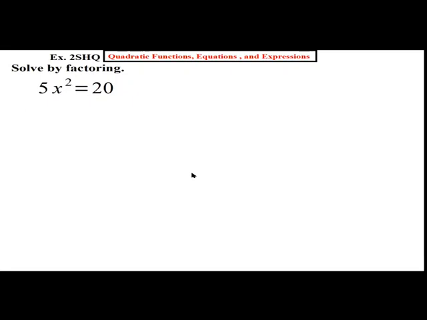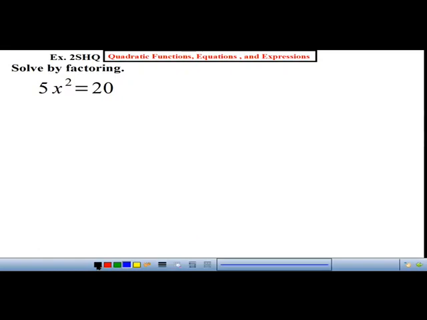Look at this one. Example 2, Shazam Q. Copy this one. It says solve by factoring. 5x squared equals 20. All right, what is the first step that we said, that y has to be 0, but there's no y. Instead of y, what is there? A 20, right?